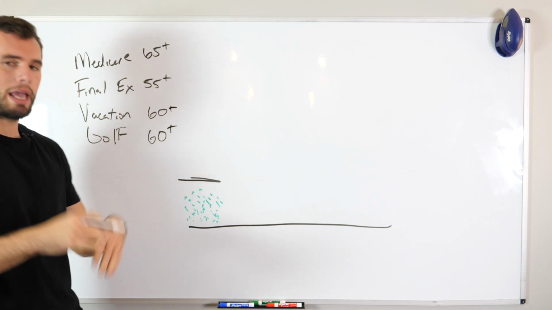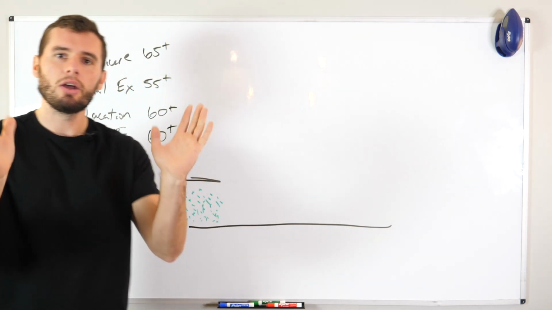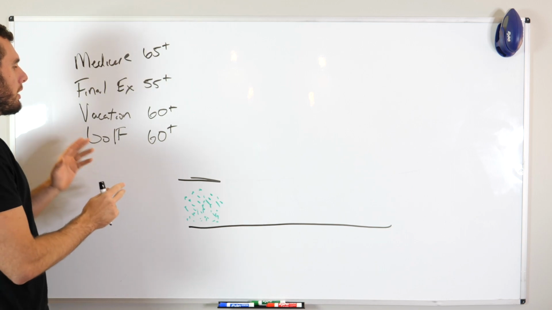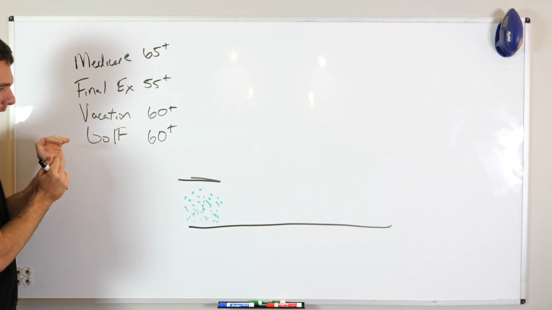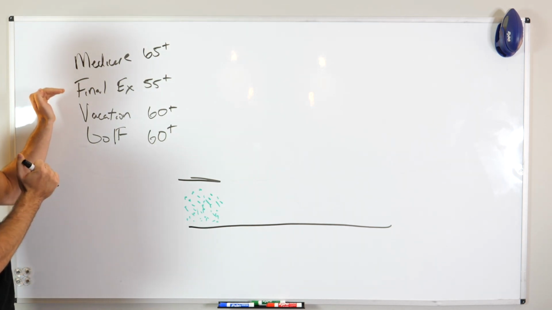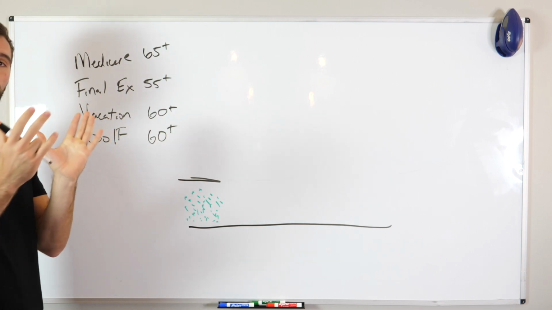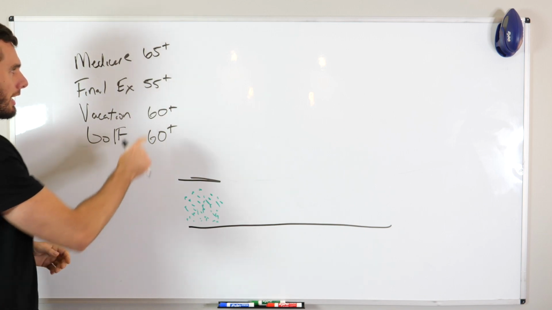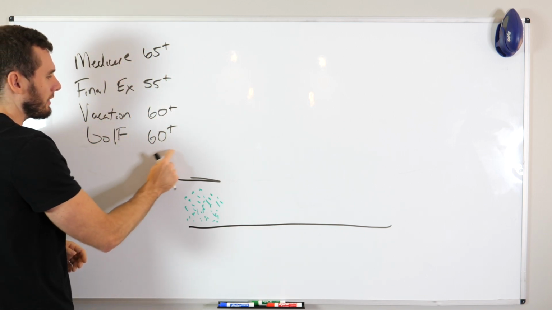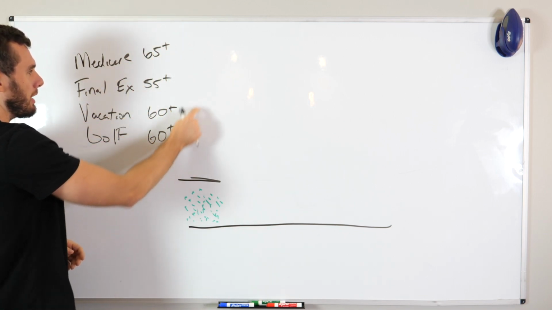We're just making stuff up right now off the top of our head for this example. It doesn't matter that people are advertising for golf and someone's advertising for Final Expense and someone's advertising for Medicare, that these things are different. What does matter is that everyone is fighting for the attention of these same individuals.